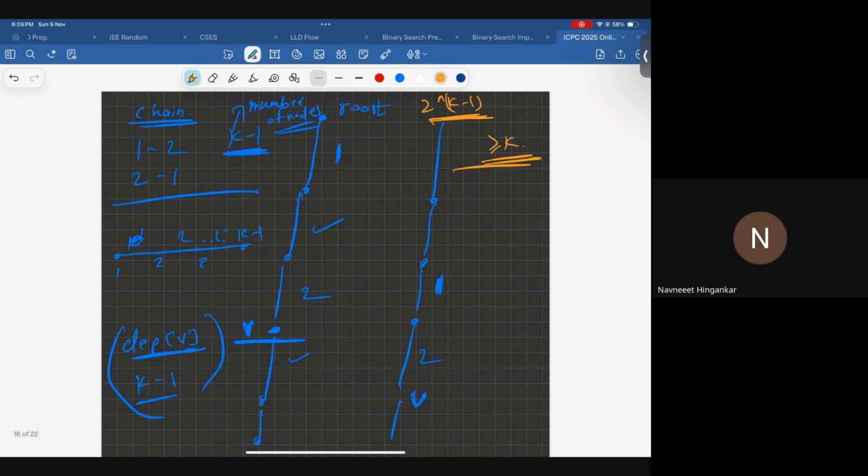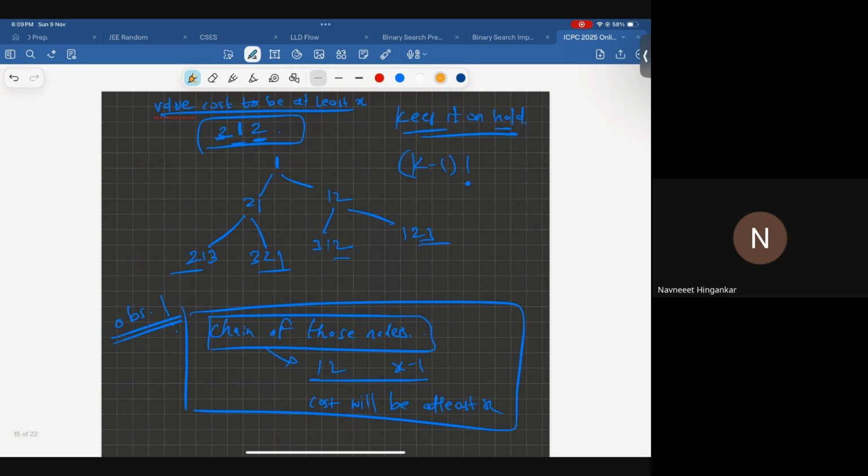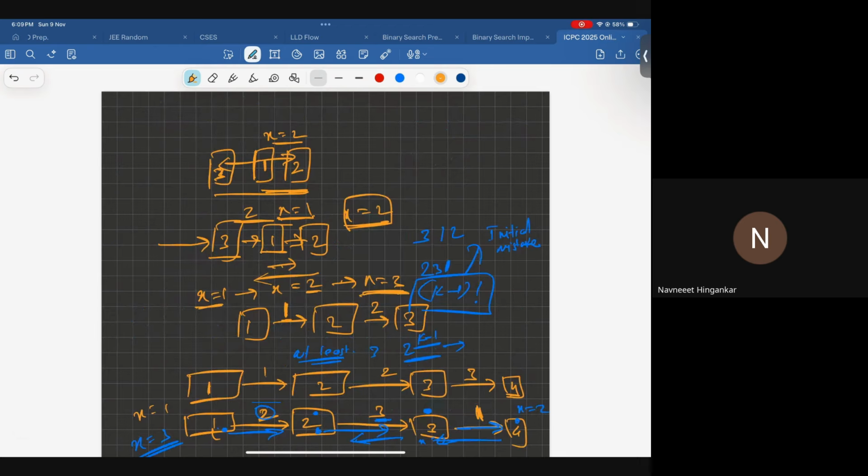But we found a counter example for this, that 231 is also forcing the cost, something like that, that we are visiting all the nodes. Wait, let me check the statement again. The statement was that we need to visit the node again.